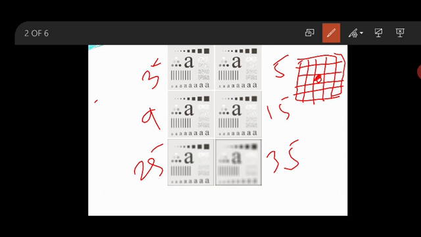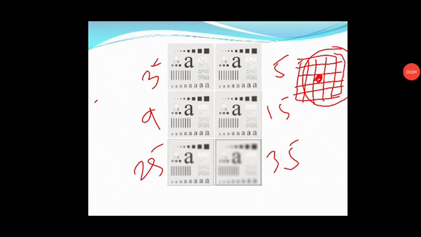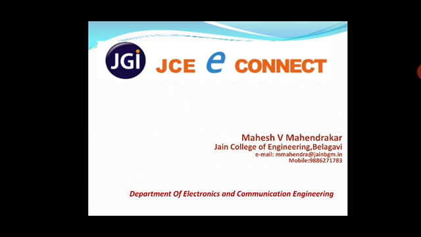There are a total of 5 by 5, that is 25 pixels, contributing to the center pixel. If you shift it to the next position, again it goes this way, meaning more pixels are getting operated on, so the clarity improves. For the 5 by 5, a little clarity has improved from 3 by 3.